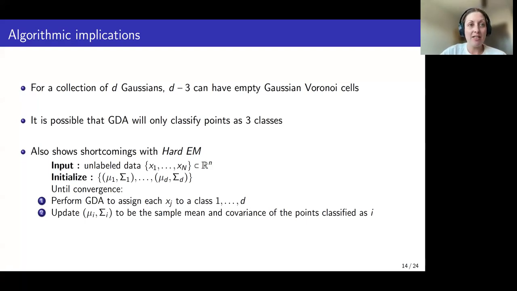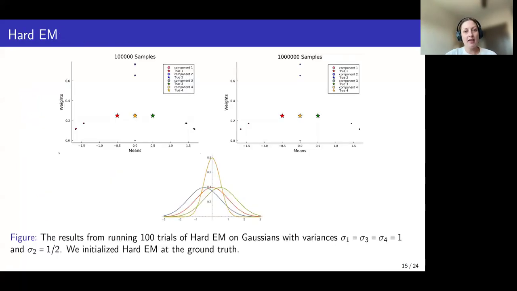Okay. So maybe some negative results, but at the very least, understanding a little more about the geometry of these Gaussian Voronoi diagrams helps us easily understand how some of these algorithms can have certain pitfalls. One thing I want to show you is an example of a case where this can happen, and maybe some room for future work.